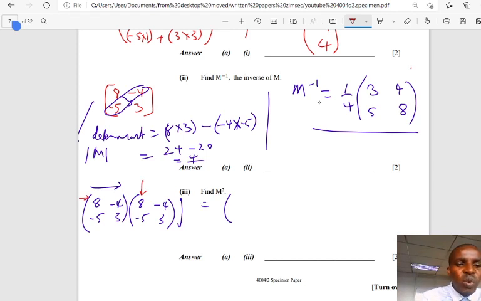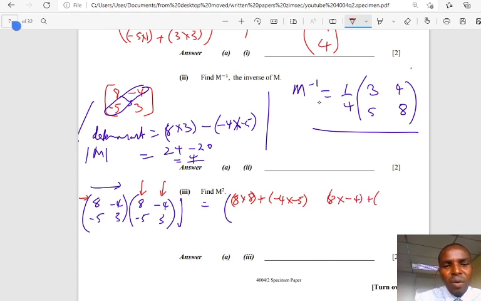First row and first column, 8 times 8 plus minus 4 times minus 5. Like this. Then first row and second column, you say 8 times minus 4 plus minus 4 times 3.